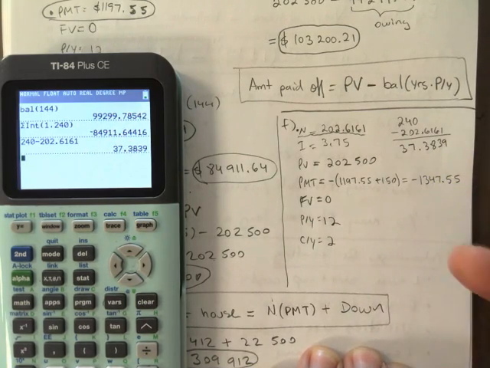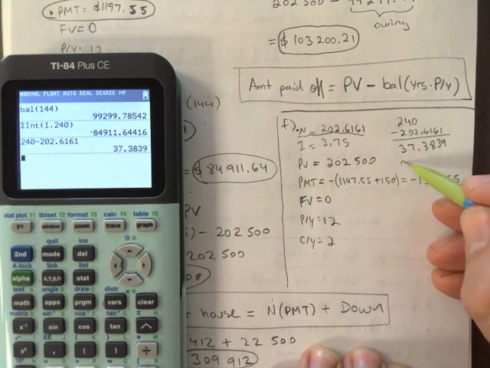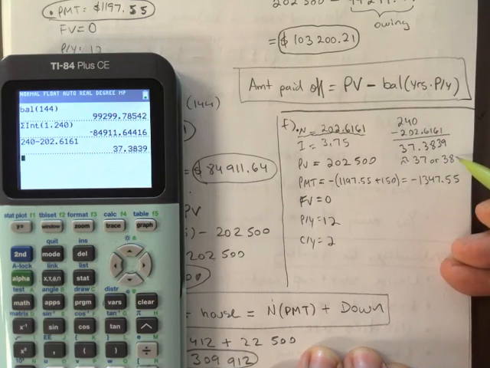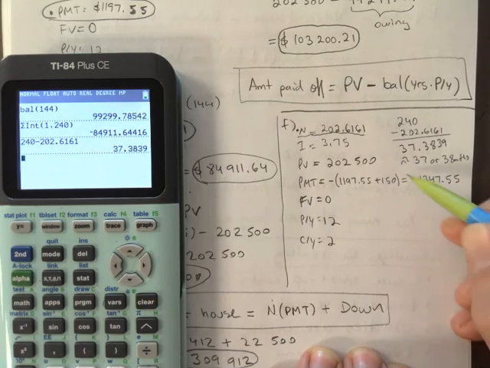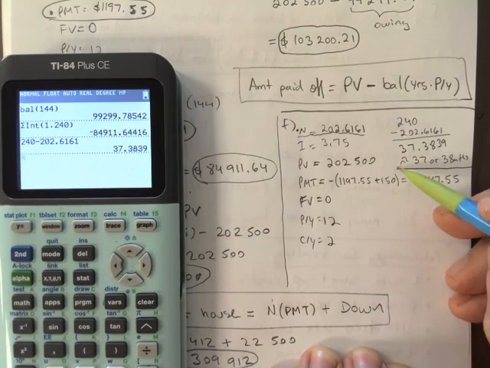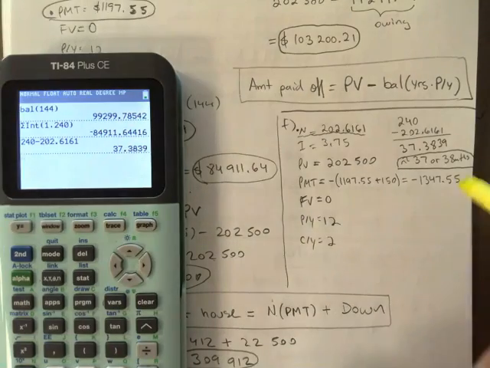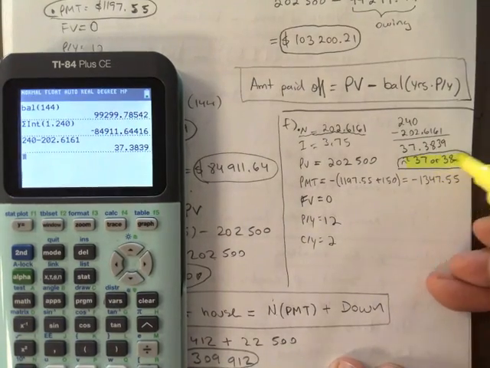So it doesn't say a minimum or something. So we're going to say either 37 or 38 months. This is my answer right here. I'm going to highlight that.